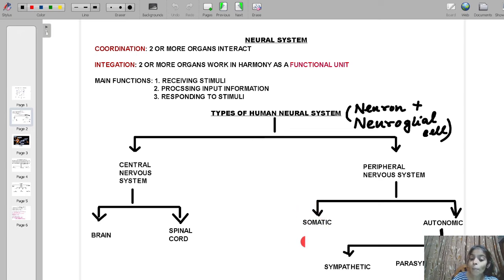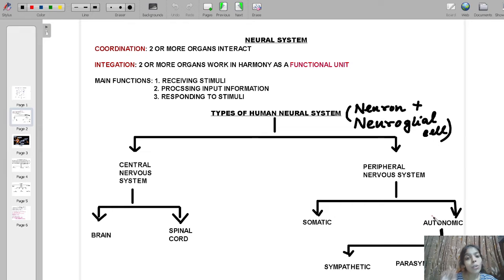So the somatic nervous system includes those nerves which carry impulses to the skeletal muscles of our body, those muscles which can work voluntarily, which can be controlled by our own will. So voluntary activities. The autonomic nervous system will include control over glands and certain involuntary muscles.